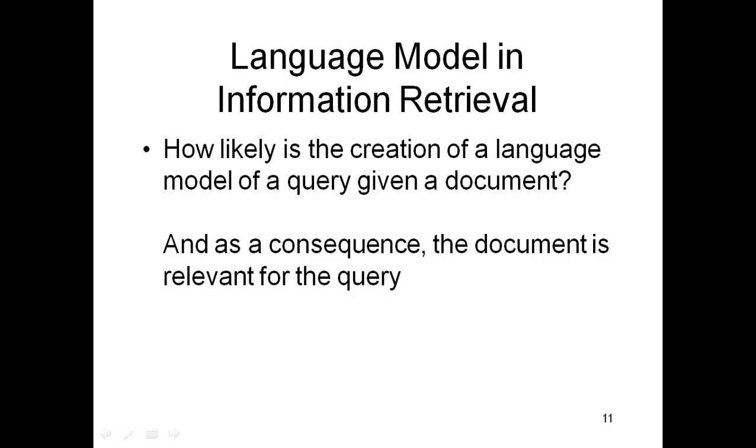So the language model in IR says this is a new metaphor now for search. Search is like, well, if there is a language model of a given query, how probable is it that this query model leads to a document model? Every document would have an individual distribution of frequency.